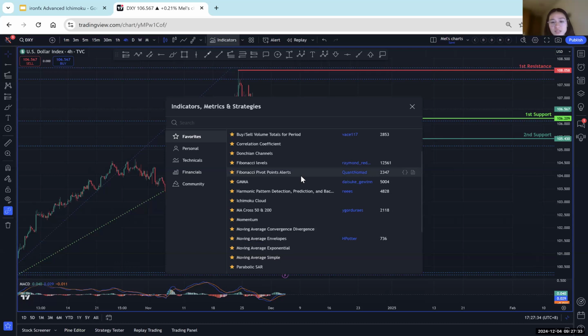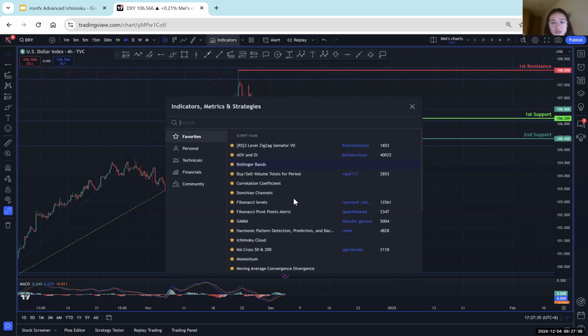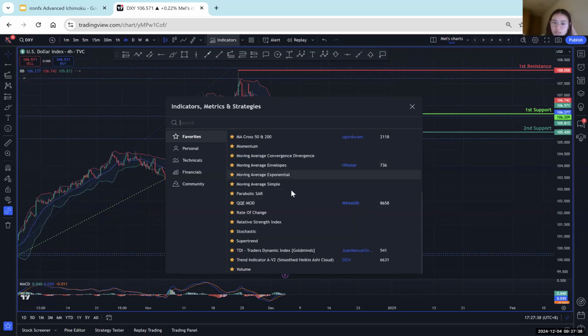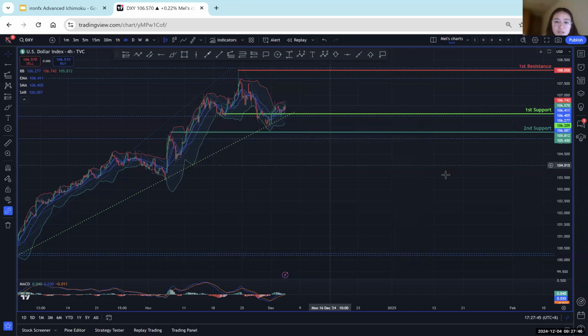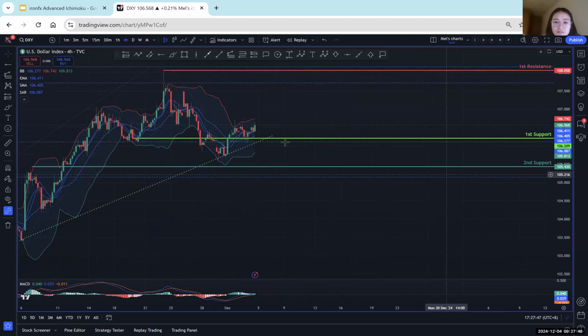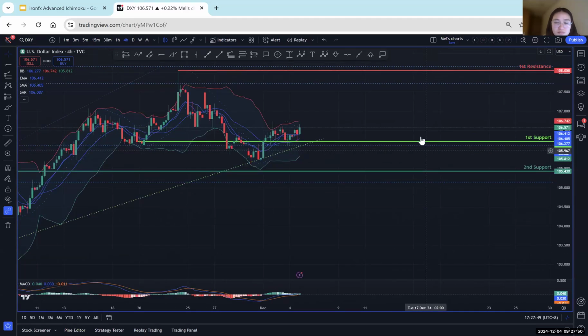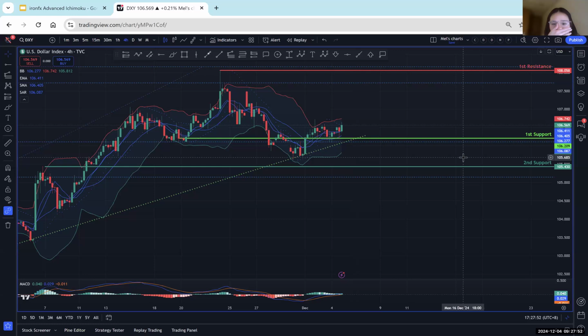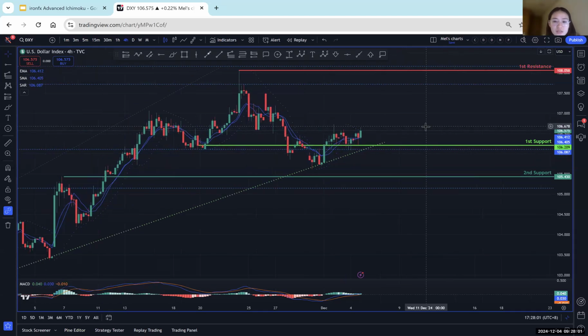Now, if we look at other indicators, let's look at Bollinger Bands, maybe our moving averages. I like to use our EMA and SMA, as well as the parabolic SAR. Okay, prices aren't really telling us much on our Bollinger Band, so I'm going to remove that.